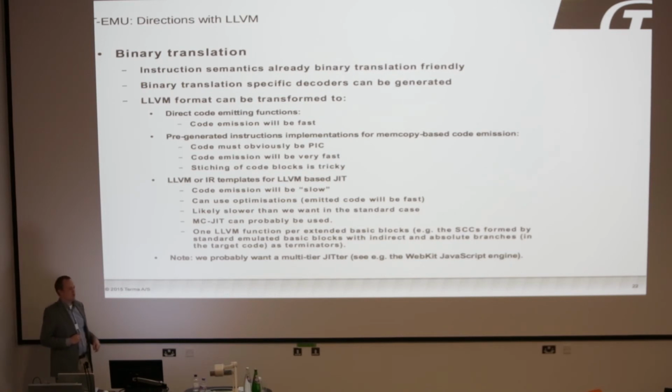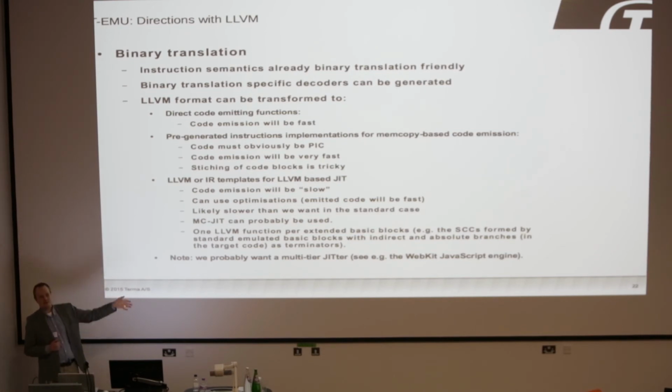Last year, I think it was in the news that the WebKit JavaScript engine got an LLVM jitter stage, and it turns out that the WebKit JavaScript engine first does interpretation. If that runs too slow, it switches to another mode and does some type of interpretation of pre-compiled code.